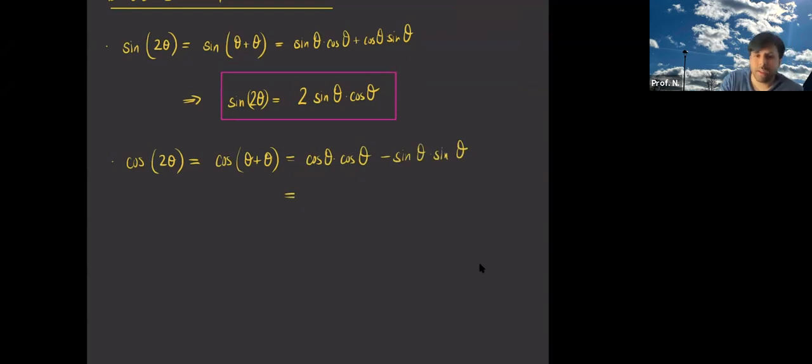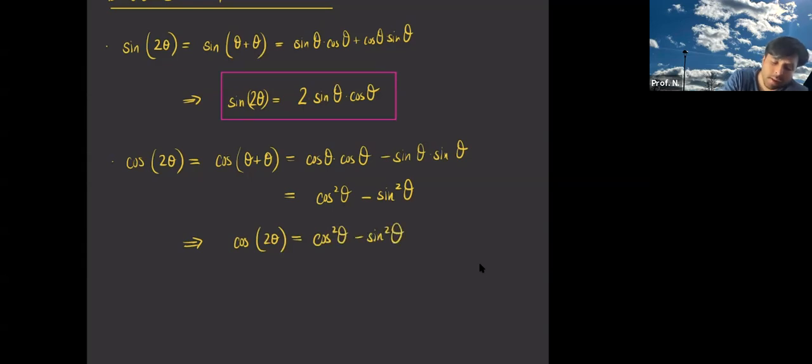Cosine theta times cosine theta is cosine squared theta. Sine theta times sine theta is sine squared theta. So cosine of twice the angle is equal to cosine squared theta minus sine squared theta.